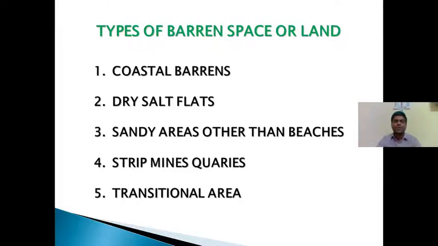If you look again at these five areas, you will see that all of them have unfavorable conditions for proper growth and development of plants, and this leads to the formation of barren lands. Now we will see each type in detail.